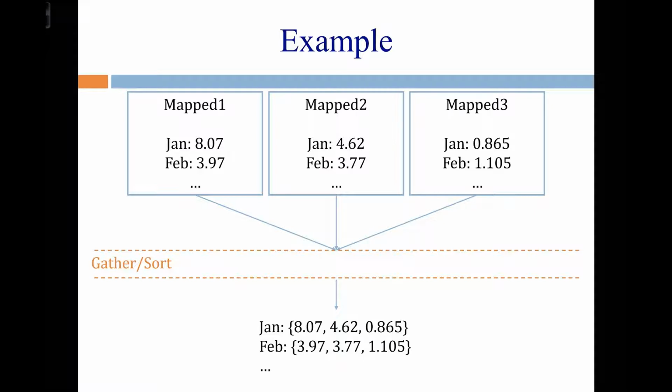So it's going to sort them based on the key. The key now that we're outputting is month name, followed by an average. So there will be just 12 keys, but there will be thousands of January rainfall averages. And the system collects all that and puts it together into this key list pair.